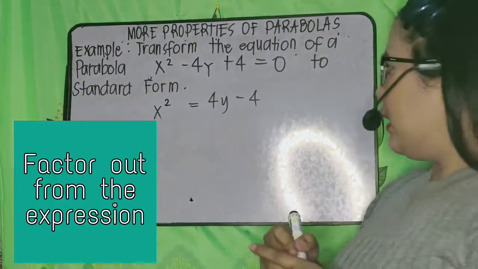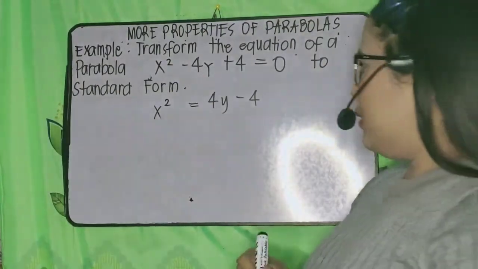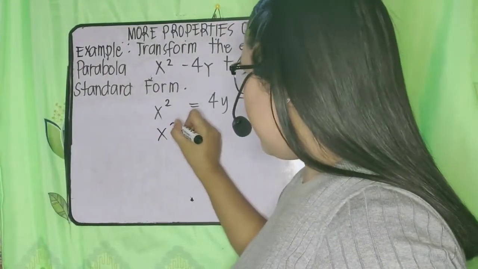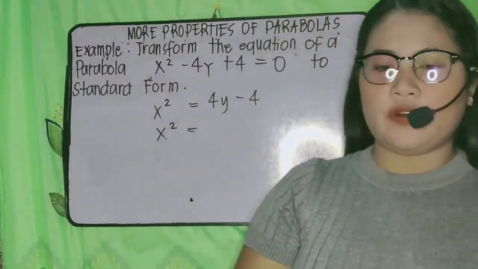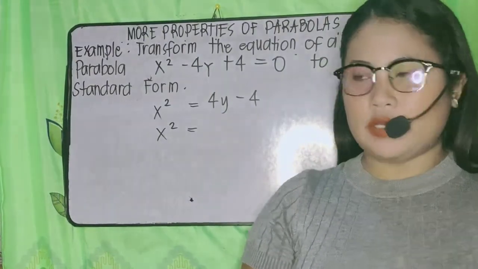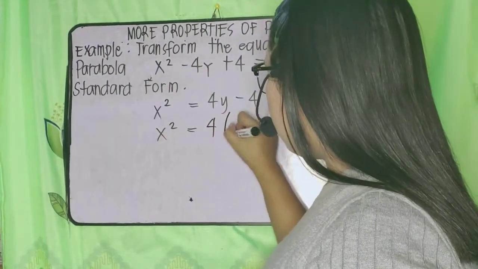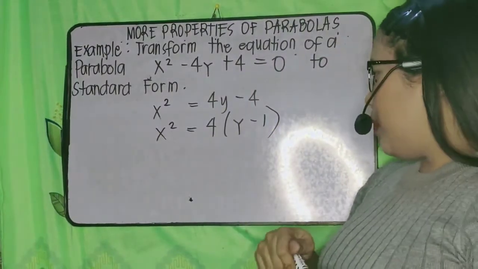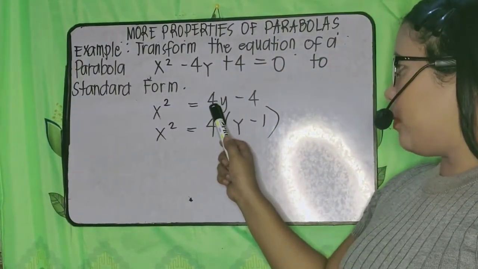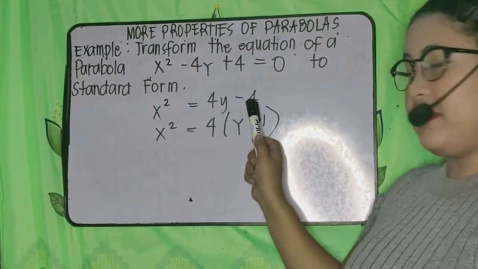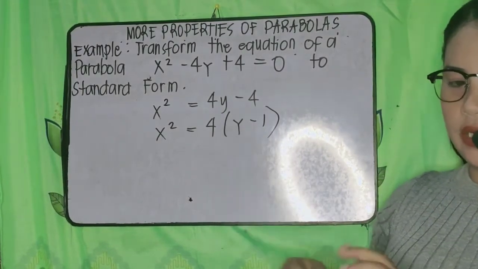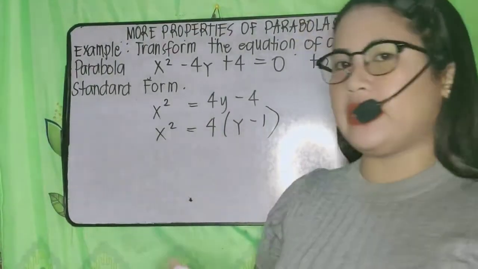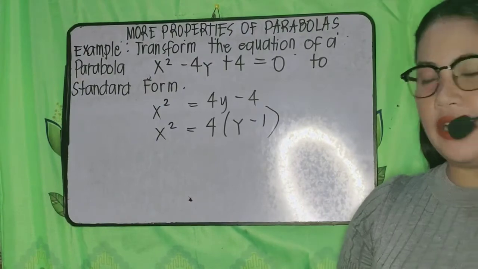For our given example, since we don't have a factor for x squared, just copy it. So x squared we have, then we're going to factor 4y minus 4. The factor of this is 4 times y minus 1. Why? Because 4 times y, we have 4y. 4 times negative 1, we have negative 4. So therefore, this is our factor. Okay, so after factoring out the expression, of course, we're going to write our final answer, the standard form.